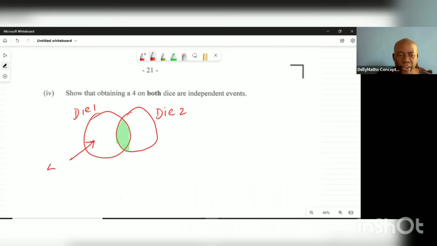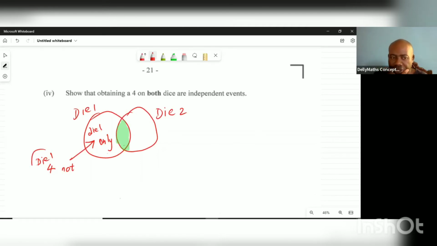If I get a 4 there, it will not mix with the other. This 4 is in die 1 only. Let me just write die 1 only.